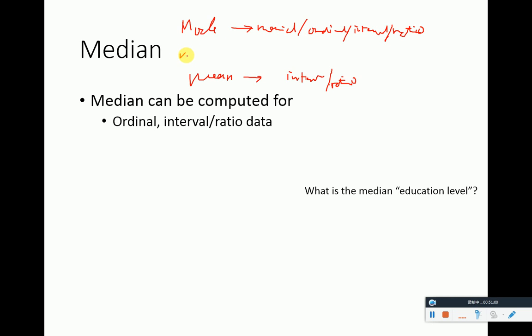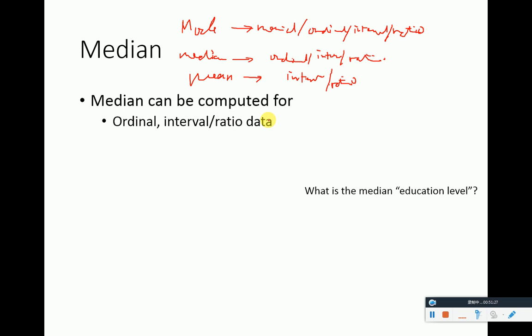So median can be used to describe ordinal, interval, and ratio. So mode can be used to describe all four types of data, median only three types, and mean only two types.